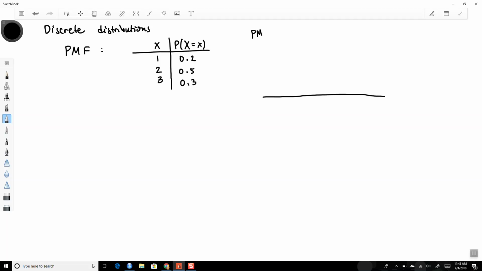Thus, my probability mass function will look something like this. There's my probability mass function that says this is the probability of getting each discrete value.